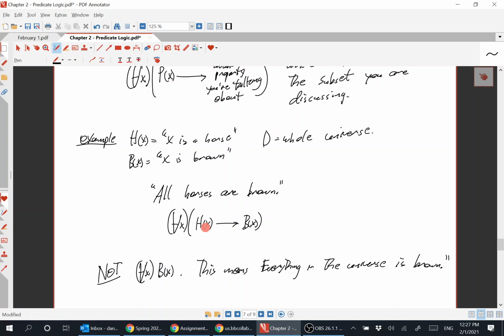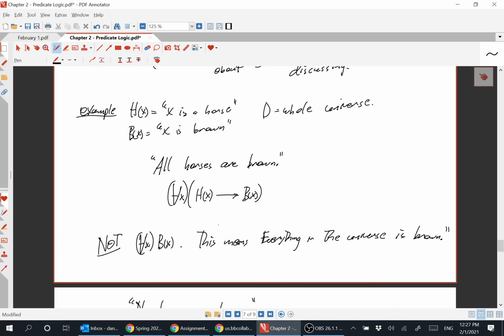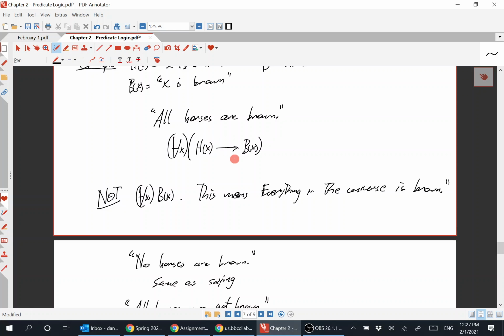In other words, when you're talking about a horse x that is not brown. We don't care about anything else. Anything that isn't a horse makes this statement already true, so those things can be disregarded. So all horses are brown looks like that: for every x, H(x) implies B(x).